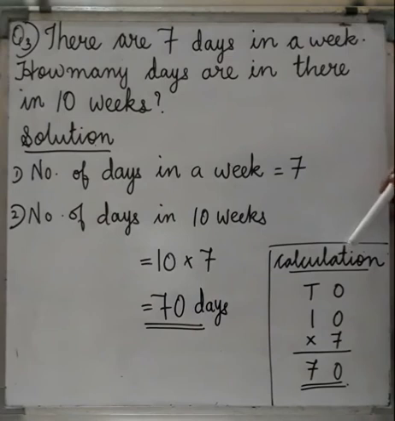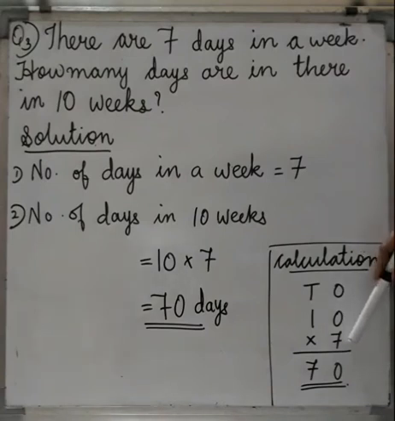So we are going to multiply these two numbers. The calculation is given: 10 into 7. Write 0 in ones place and 1 in tens place. Write the 7 in ones place.